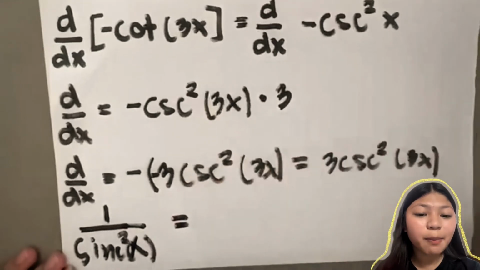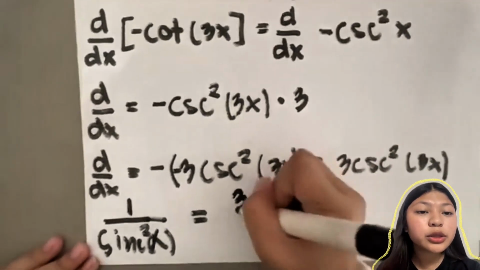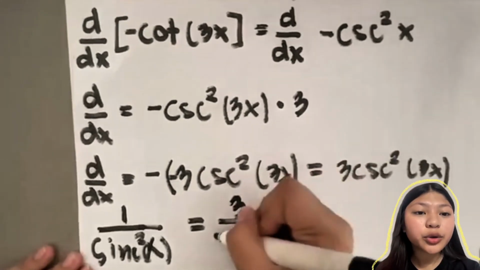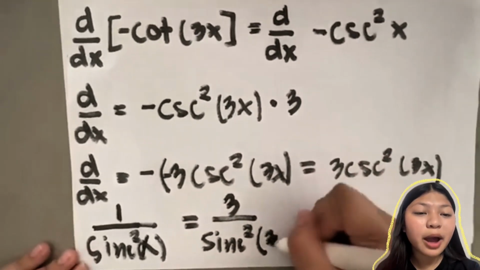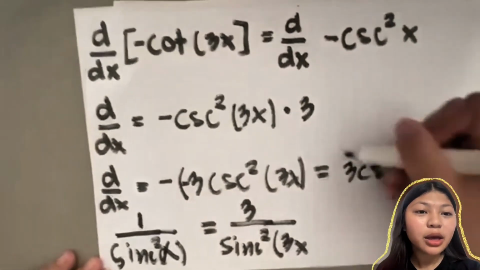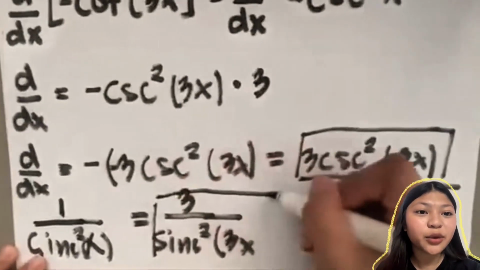So let us apply that. This will turn into 3 all over sine squared 3x. So those are the two possible answers of this equation.